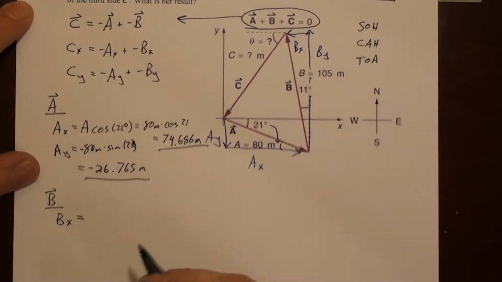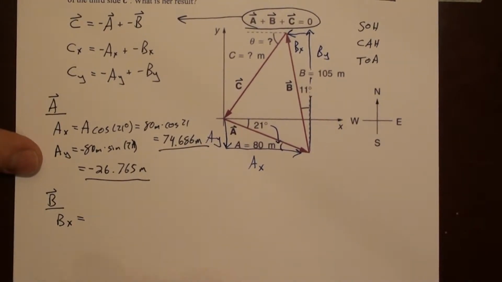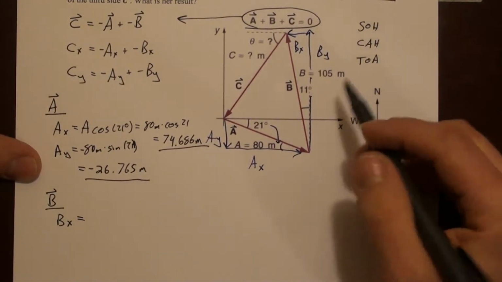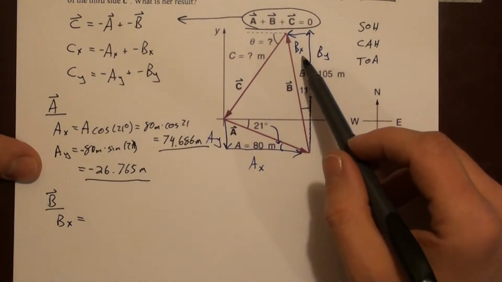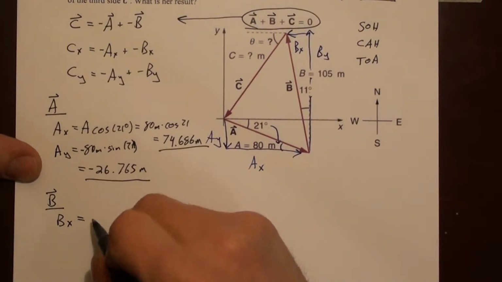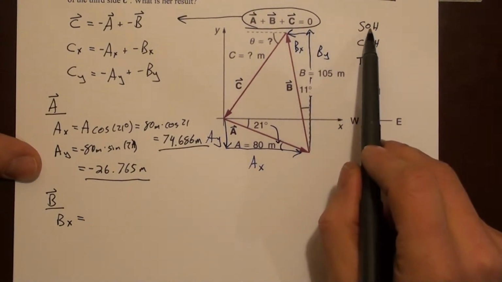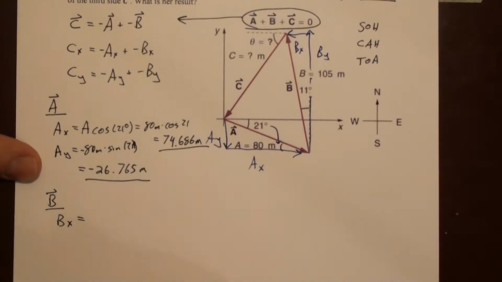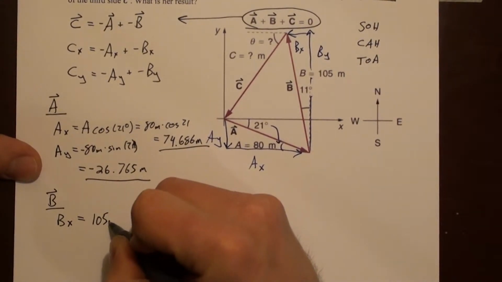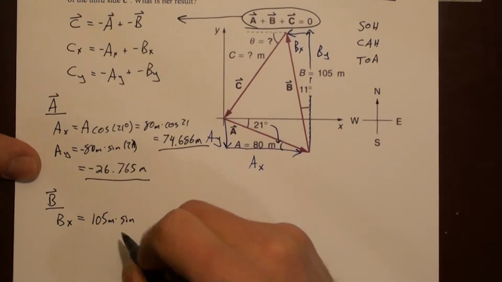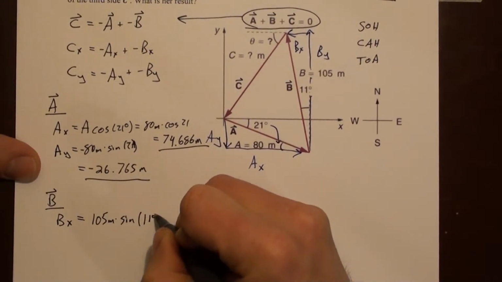Okay, so it looks like I should just be able to write down b sub x is b times, it looks like x is the opposite, so that's sine. Right, so we'll say 105 meters times sine of 11 degrees.